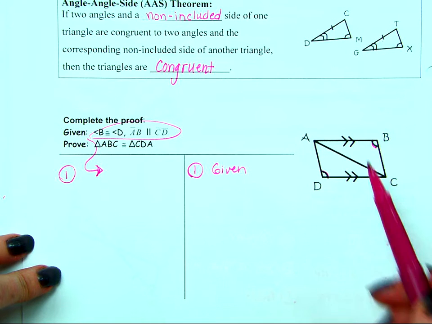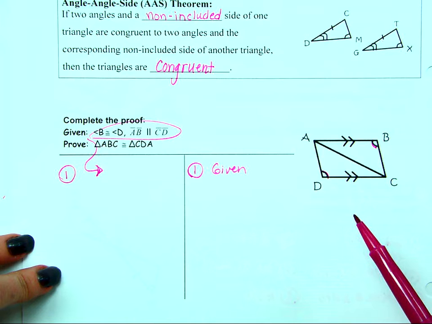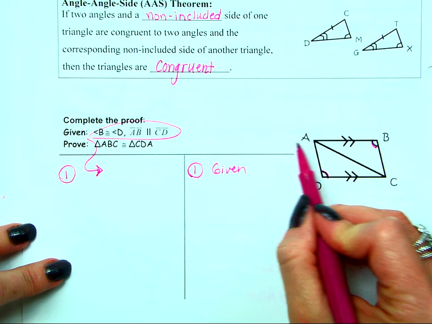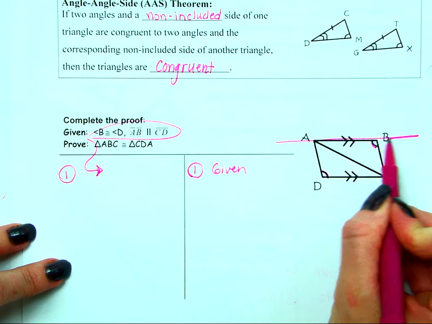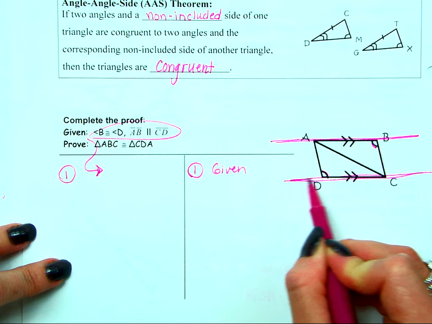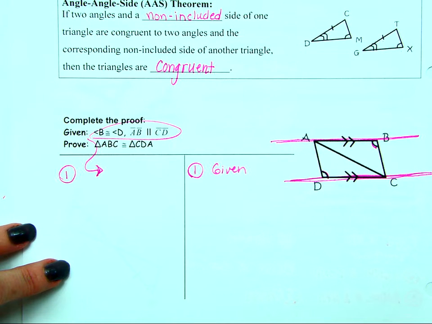Now, just because my 2 sides are parallel does not necessarily mean they're congruent. So I cannot mark them congruent. However, I can say that if I have some parallel lines, it usually tells me something about my angles. And in this case, I'm going to look for an angle pair.